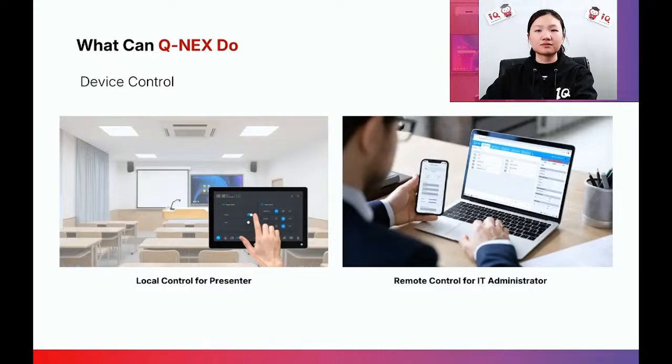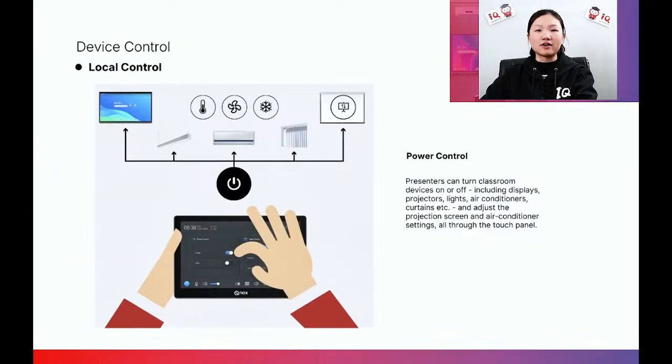Okay, look at the pictures. When a presenter walks into a room equipped with a Q-NEX terminal unit, all room devices can be controlled directly from the touch panel. They can power devices on or off, including displays, projectors, lights, air conditioners, and curtains.